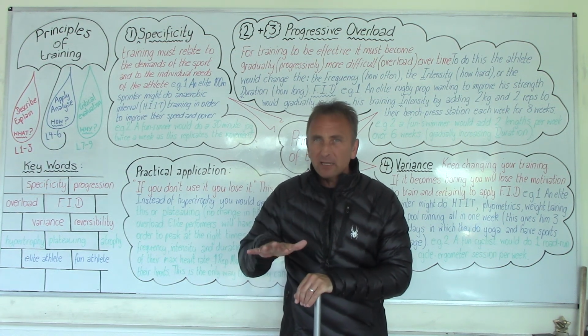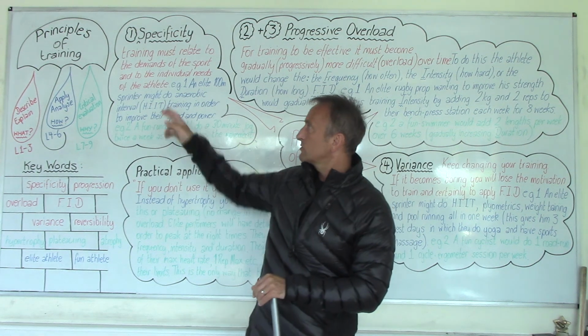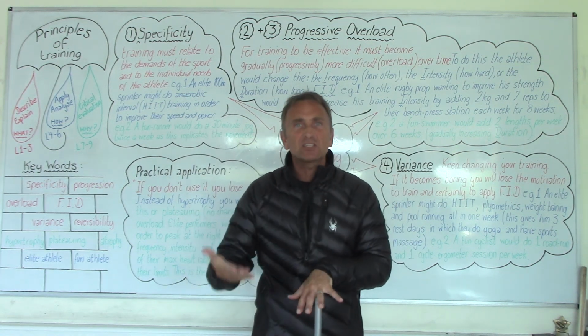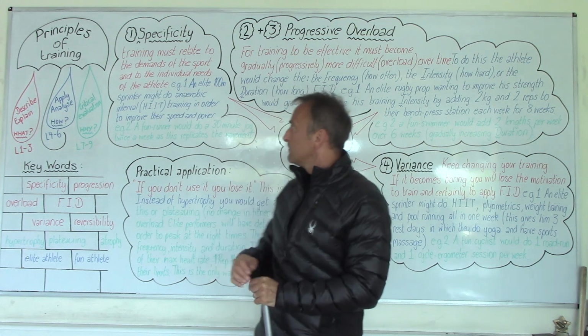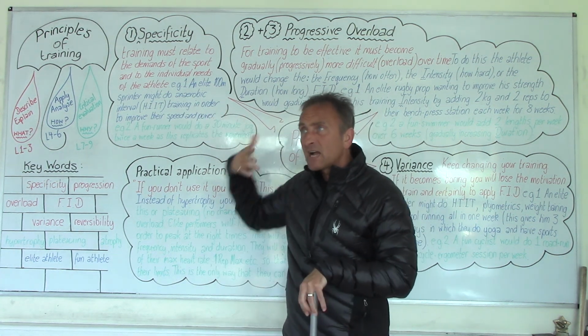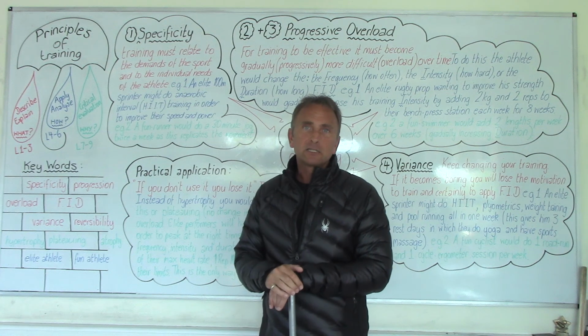Okay, that will be at least 50% of their training will be HIIT training. So that's the one I've chosen. So a specific training method for a 100 metre sprinter is HIIT training. Because high intensity interval training will improve both power but particularly speed.